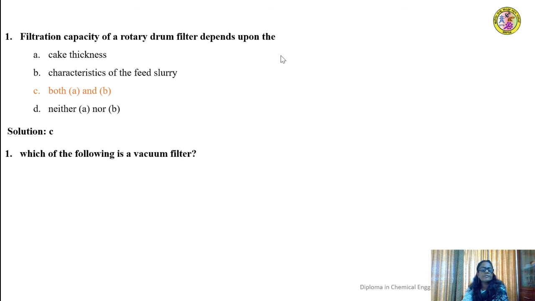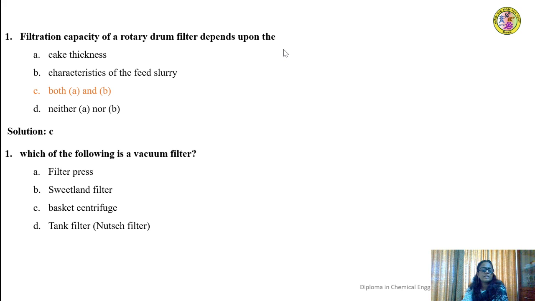Which of the following is a vacuum filter? Is it filter press? Is it Sweetland filter? Is it basket centrifuge? Is it tank filter called the nuts filter? Among these, the nuts filter is the one which is operated under vacuum.